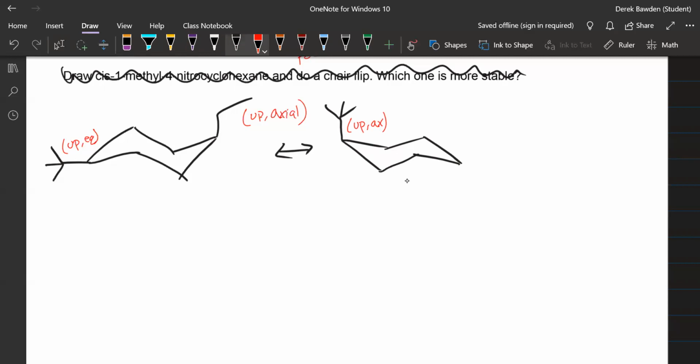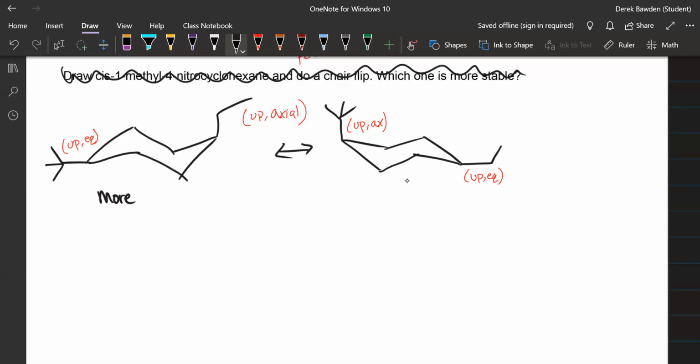And then our ethyl group on carbon 1 needs to remain facing up. Draw that a bit better. Okay. But it is now equatorial. Okay. So which one of these is our major contributor, or which one is more stable, left or right? Left, perfect. More stable.